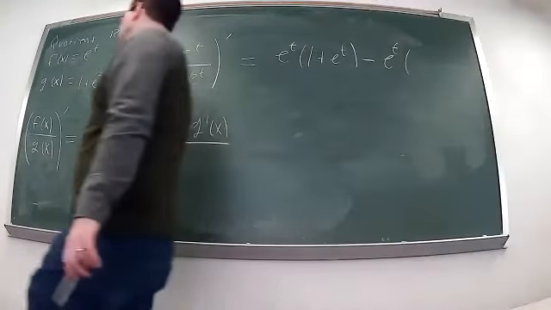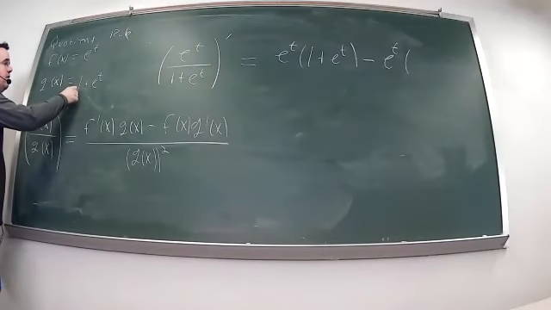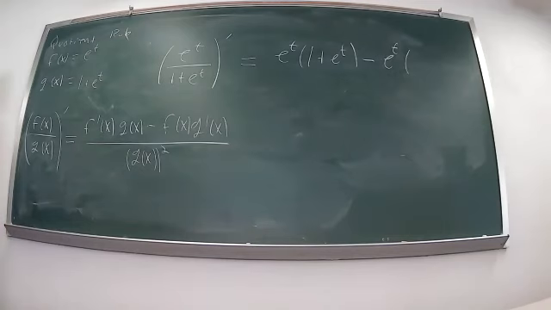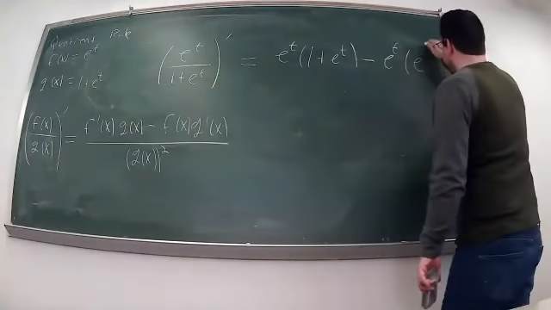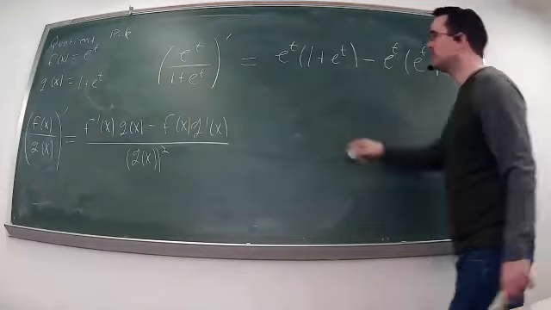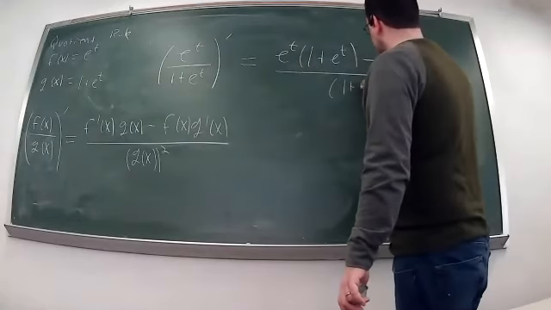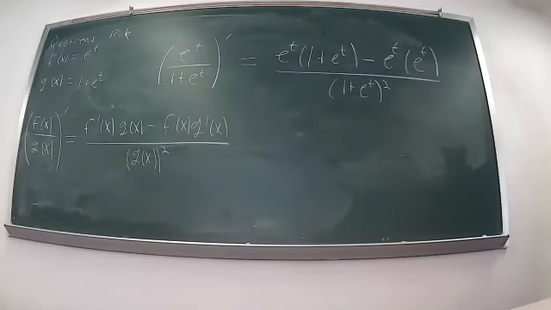So what's g prime? You can calculate this term by term. The derivative of 1 is equal to 0. The derivative of e to the t is e to the t. So g prime is just e to the t. And you're dividing everything by 1 plus e to the t squared. And that's your answer.